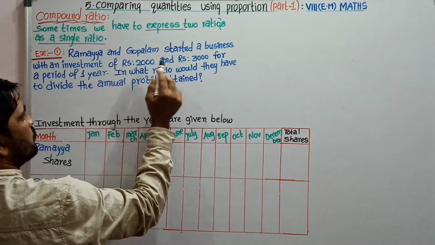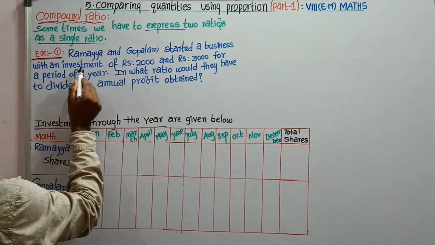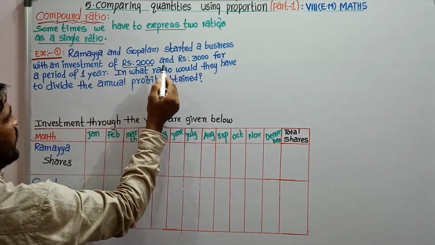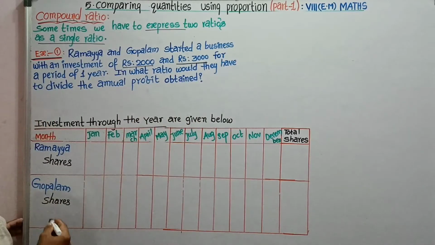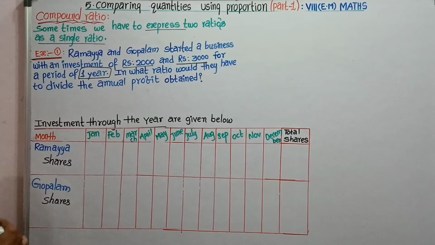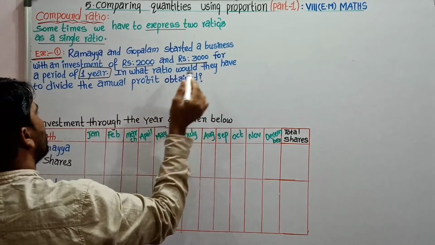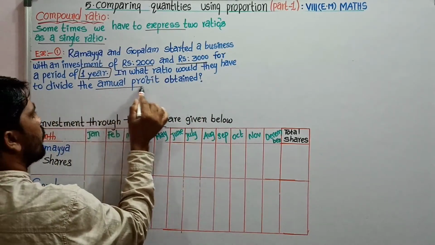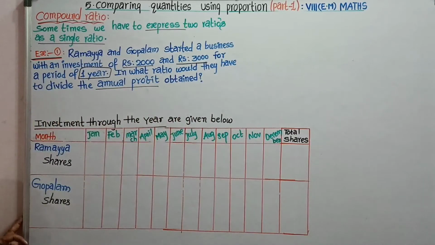Ramaya and Gopalam started a business with an investment of rupees 2000 and rupees 3000 for a period of 1 year. In what ratio would they have to divide the annual profit obtained?